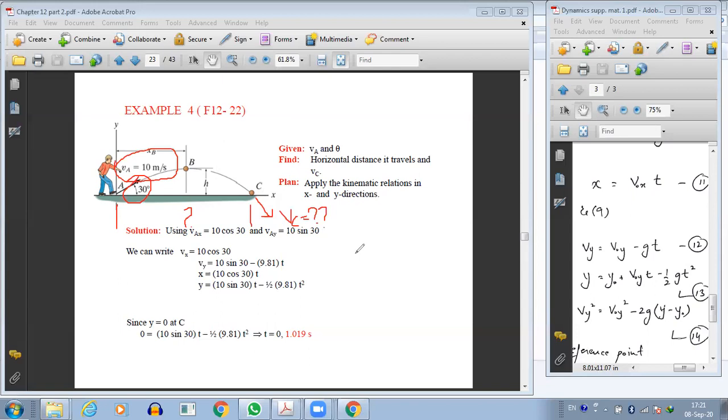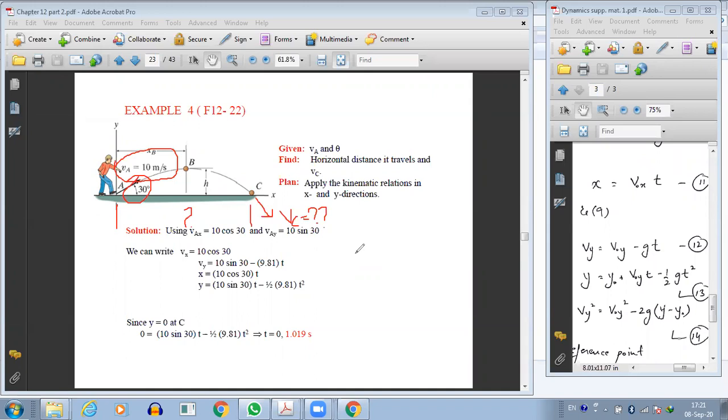Do you understand the problem statement? We have a person kicking the ball. The velocity of the hit is 10 meters per second. The theta at which the ball was hit was 30 degrees. What do we need to find? How far did the ball move, and the other thing is the final velocity of the ball.